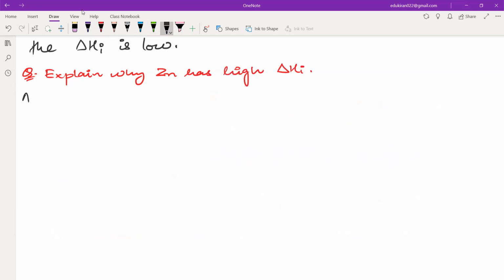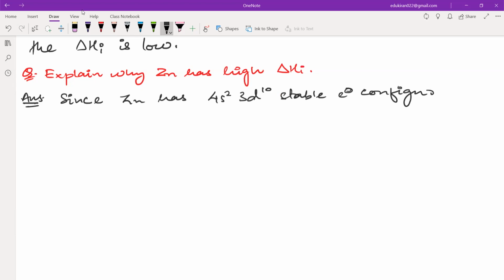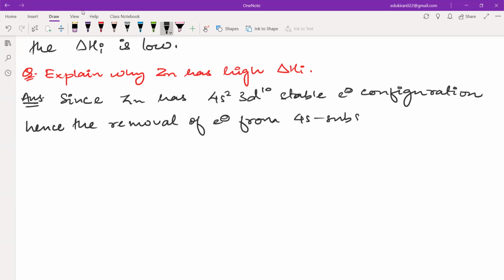Okay, the reason will be: since zinc has 4s2 3d10 stable electronic configuration, the removal of an electron from the 4s subshell is difficult.